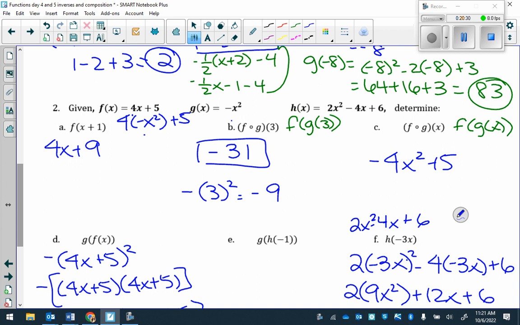Whenever it says like F of G of 3, you change it to F of Y, so this means the same thing as this. If G and F switched, would it be the same?